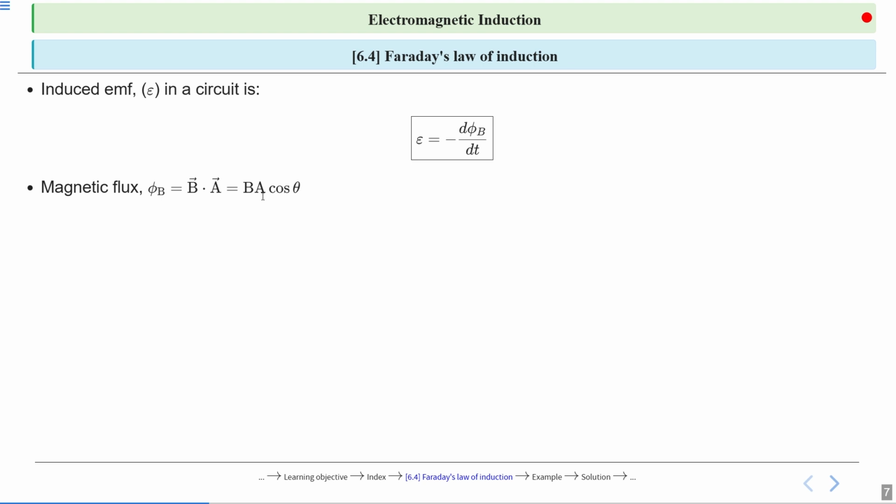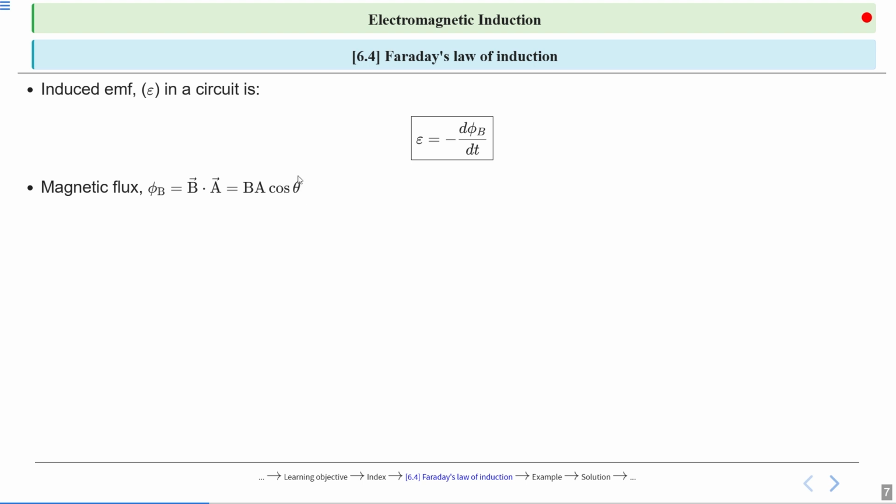Changing the area here means we are not changing the area exactly; we are changing the area through which the magnetic field is passing. When we do motional EMF, it will be clear how we change the area lying in the magnetic field region without actually changing the coil's area.